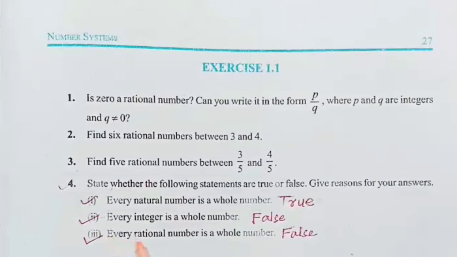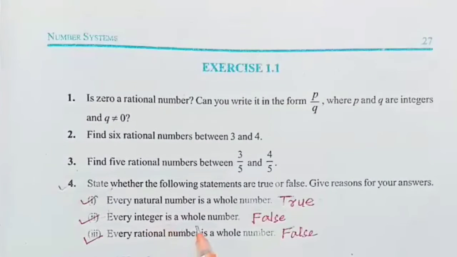Roman number 2. Every integer is a whole number. So what are the integers? Integers are the numbers on the number line, that is 0, plus 1, minus 1, plus 2, minus 2, plus 3, minus 3, and so on.